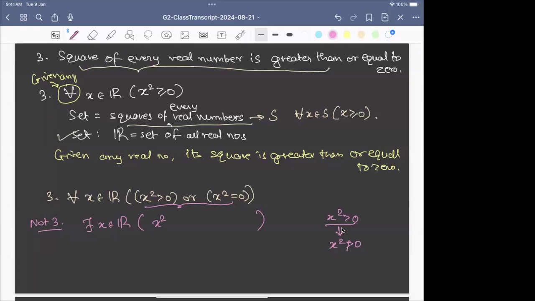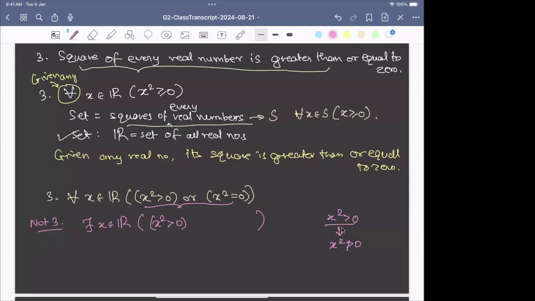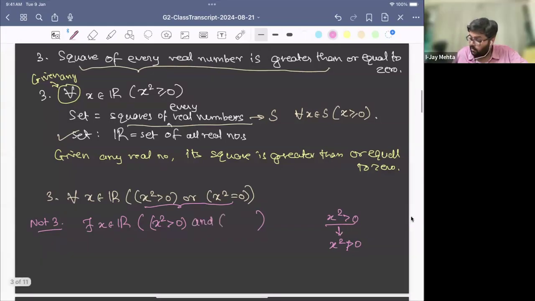So let me write like this: x square is not greater than 0. Then we'll write what you had said, joined by and: x square not equal to 0. Very good. Fine. So we saw yesterday that exactly one of the three cases is possible.